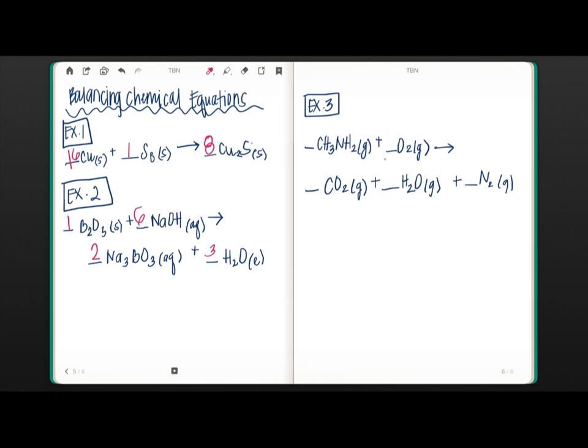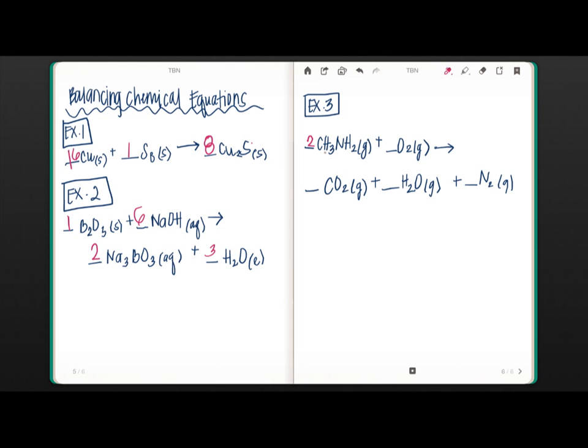And then for the third example, let's see. You have 2 nitrogen here, but you only have 1 on the reactant side. So let's just try putting a 2 in here and see what that does. So if you have 2 in front of this compound, that makes 2 nitrogen.